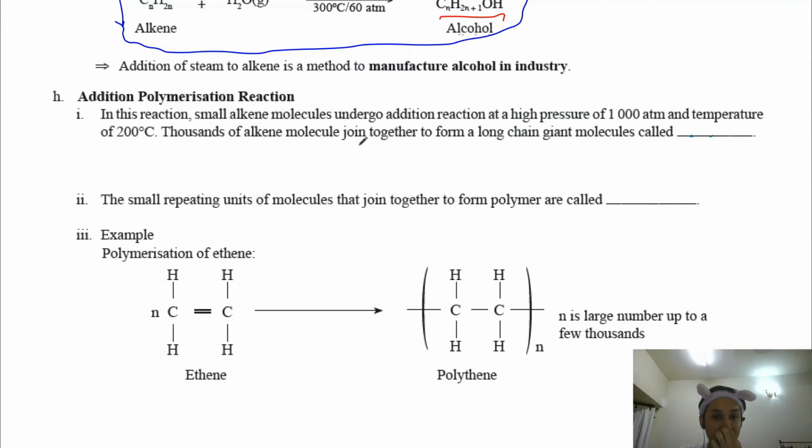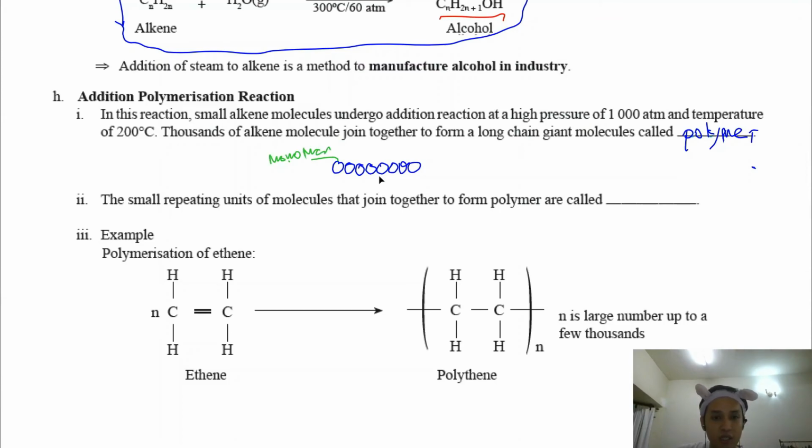Thousands of alkene molecules join together to form long-chain giant molecules called polymer. So remember the analogy that I have given previously. If I have a necklace, each of these is a monomer.